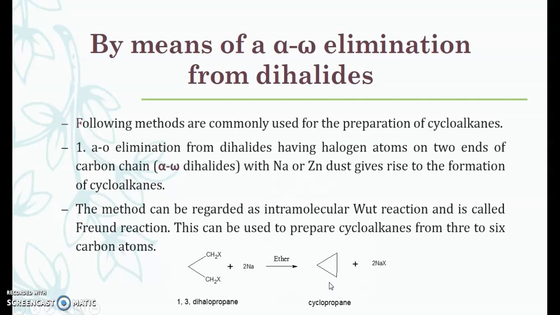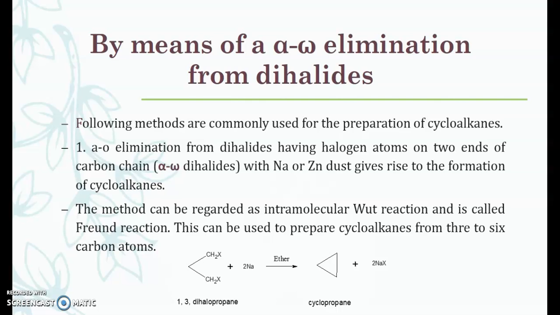Here we will be discussing only the general methods used for the preparation of cycloalkanes. We can consider any compound like cyclopropane, cyclobutane, or cyclohexane. Similarly, we can synthesize cyclobutane, consisting of 4 carbon atoms, from 1,4-dihalobutane.